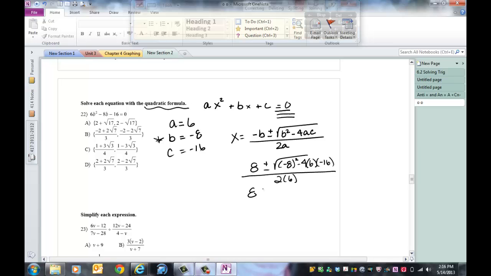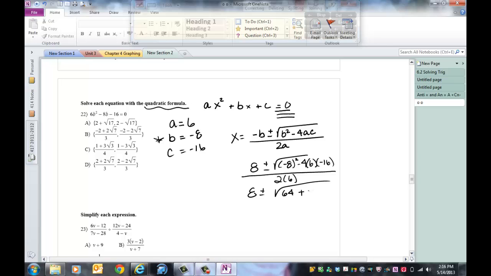This gives me 8 plus or minus 64 plus, because here's a negative, double negative. You have to give me a second in order for me to figure that one out. I don't know that one in my head. 4 times 16 times 6.